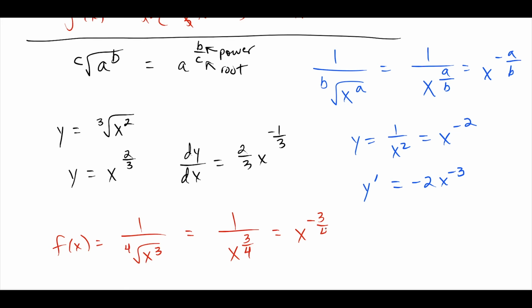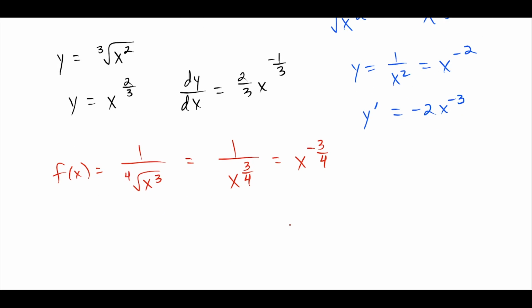So for the most challenging power rule questions, you have to be good at the algebra required to take this expression and turn it into x to a number power. Because then you're able to just take the derivative all in one shot. So you have negative 3/4 x, and we have negative 3 minus 4. We're doing numerator minus denominator to get negative 7 over 4. And then here's our answer to this example.